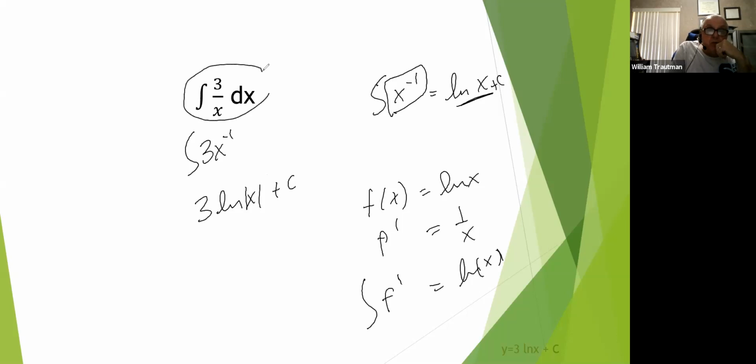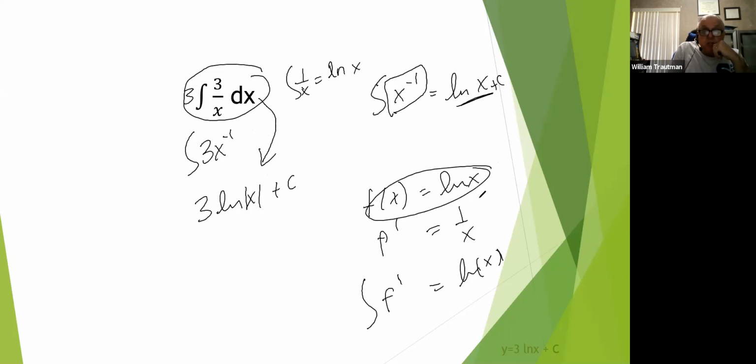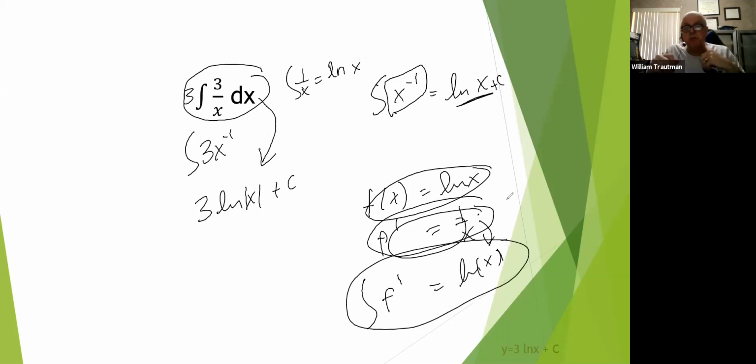So this derivative equals this. The 3 can be put in front, and the integration of 1 over x equals the natural log of x. Just like if I have the function natural log of x, the derivative is 1 over x. And then if I take the derivative of 1 over x, I'm back to the natural log of x. Okay?